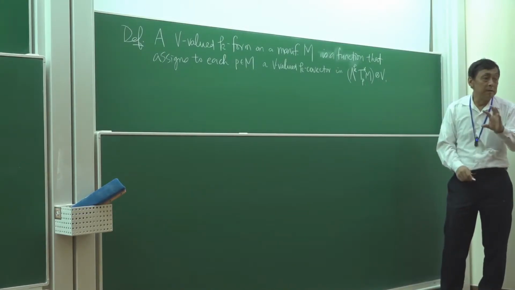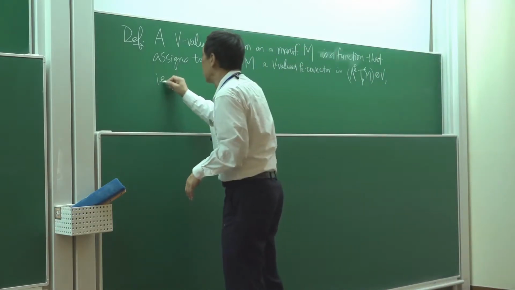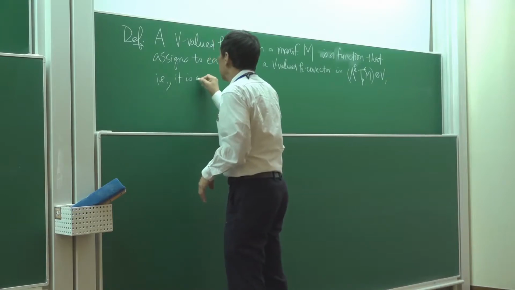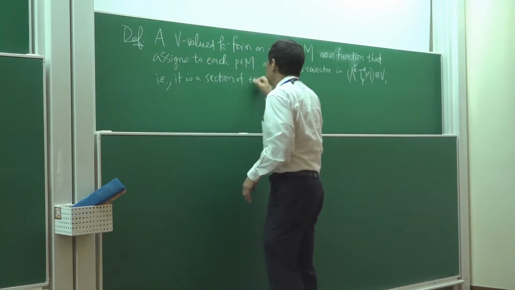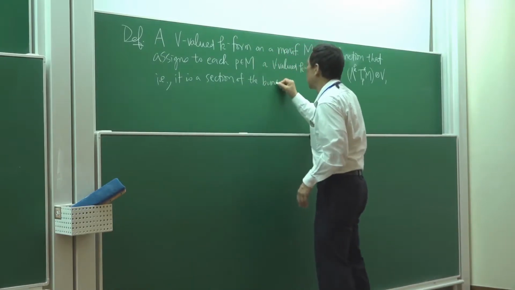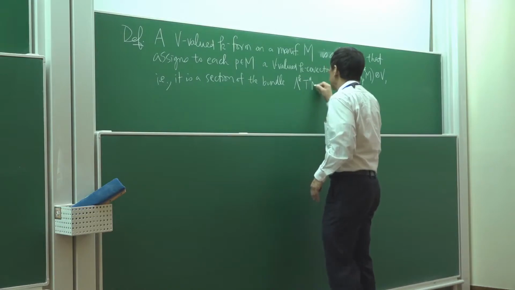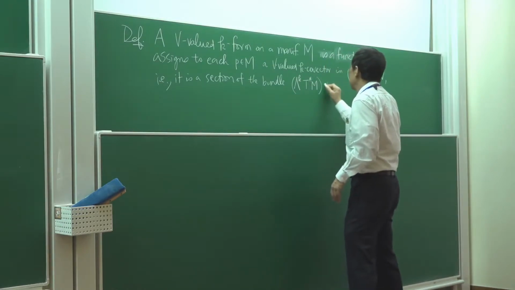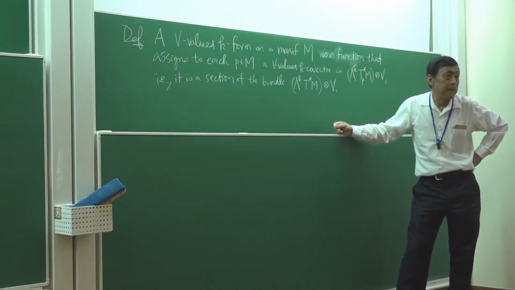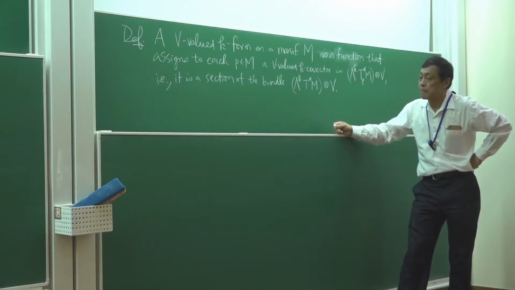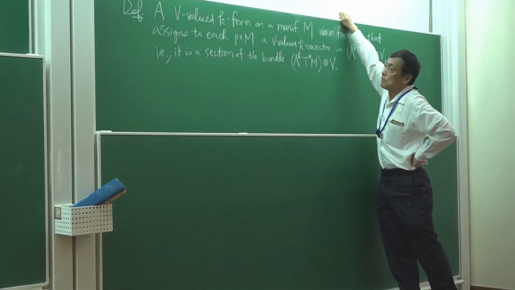And therefore, it is a section of the bundle lambda^k of the cotangent bundle tensor with V. So that's a V-valued k-form.